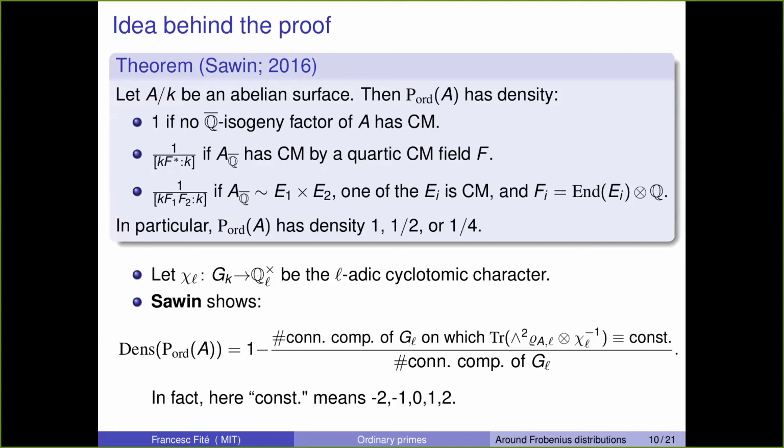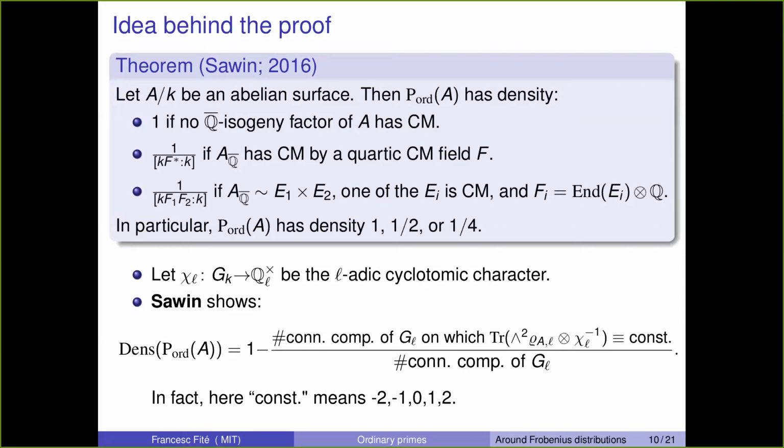This encodes the action of the absolute Galois group of K on the l-power roots of unity in Q-bar. And very beautifully, Will Sawin shows that the density of the set of primes which are ordinary for A is 1 minus the proportion of connected components of G_l on which the trace of the alternating square of the l-adic representation, conveniently divided by the l-adic cyclotomic character, is equal to a function which is constant on that component.